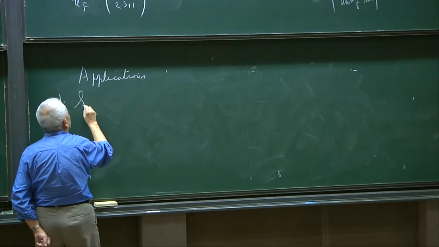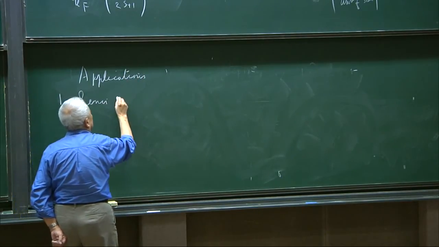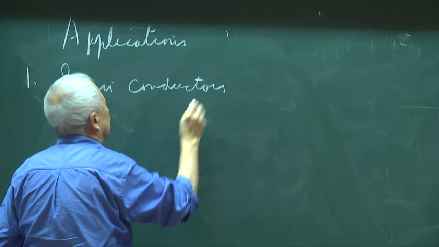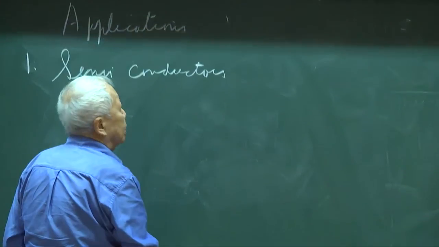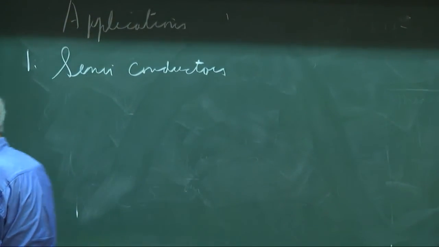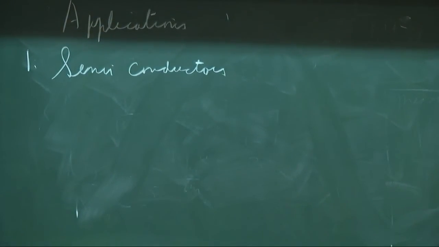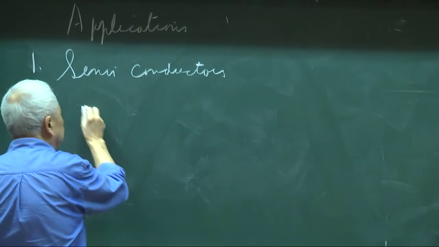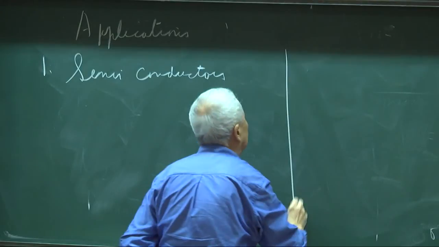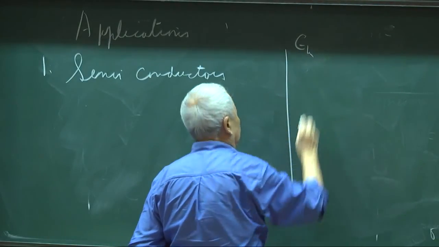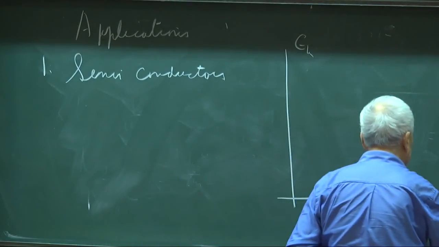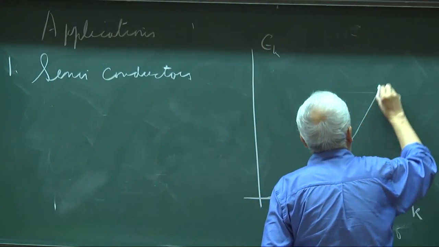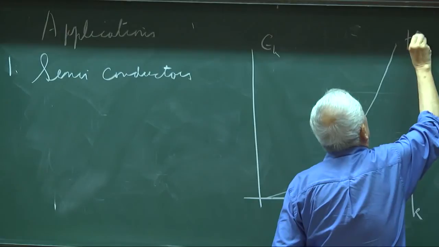First is semiconductors, of course. That's very important because that's where the computer chip industry is based. This depends on the fact that the spectrum, epsilon k versus k, of an electron in the metal is not a parabola.